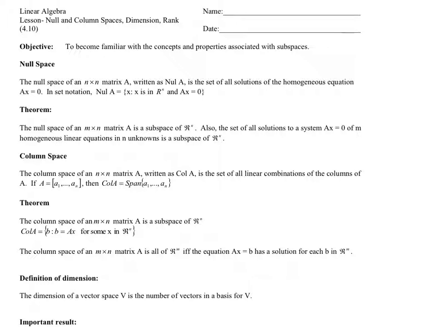The dimension of a vector space is the number of vectors in the basis for V. So that's going back to column space: the number of vectors that form a basis for your vector space. Again, if I have a 4 by 7 matrix, I only need 4 of those columns. Those 4 vectors make up the basis of 4 space.